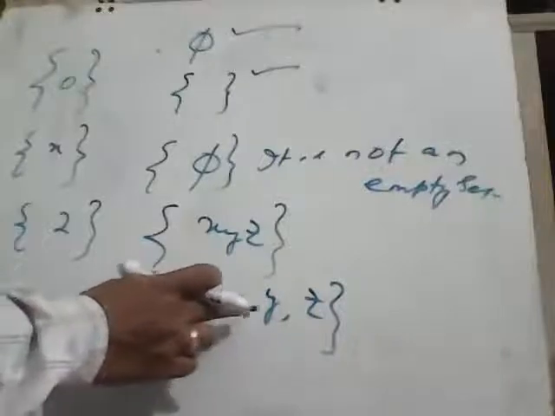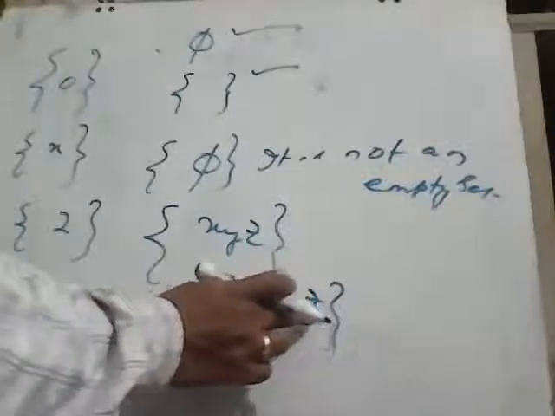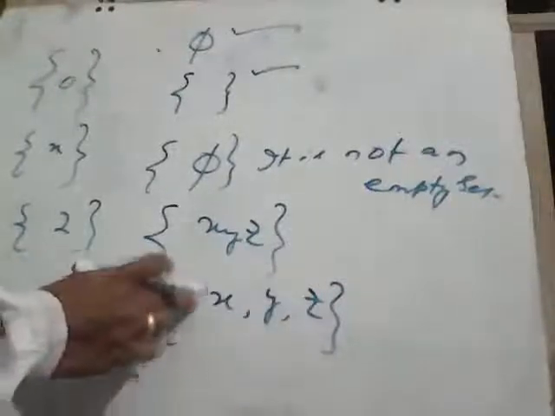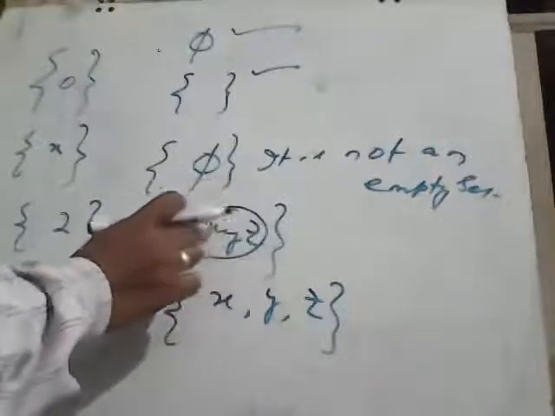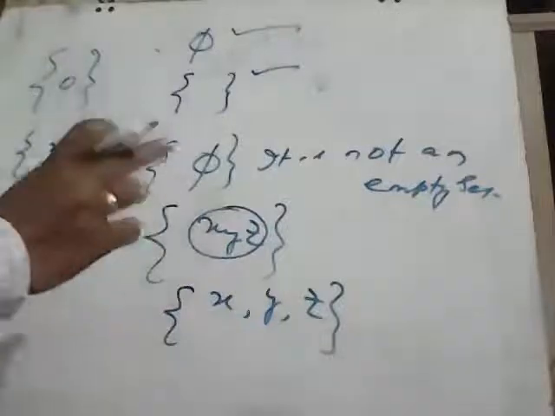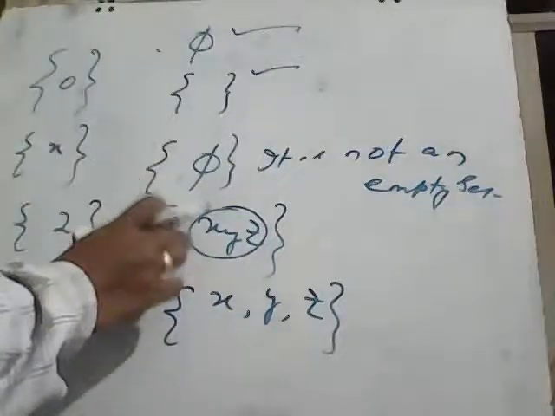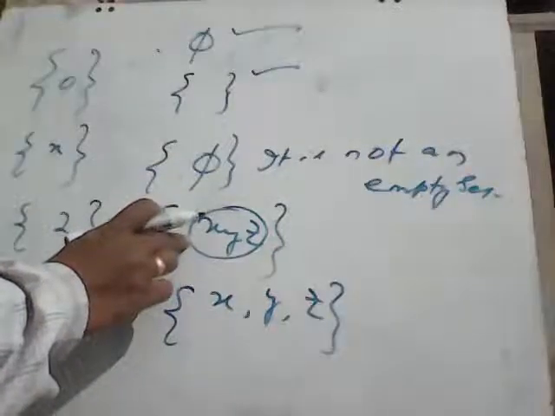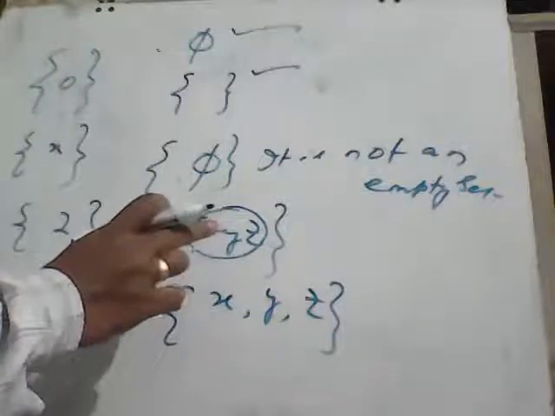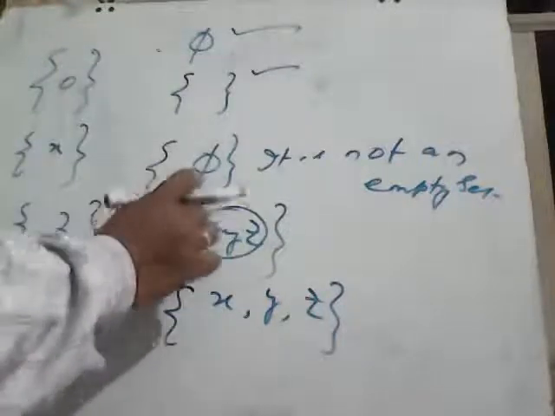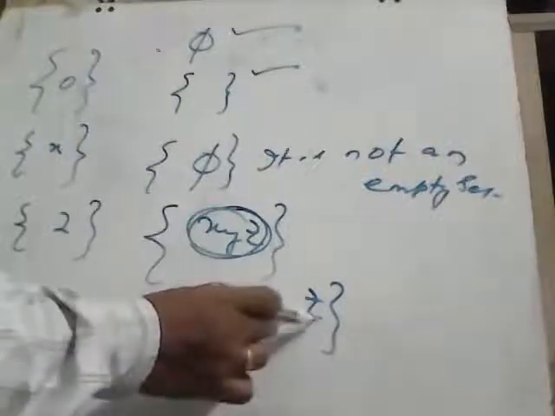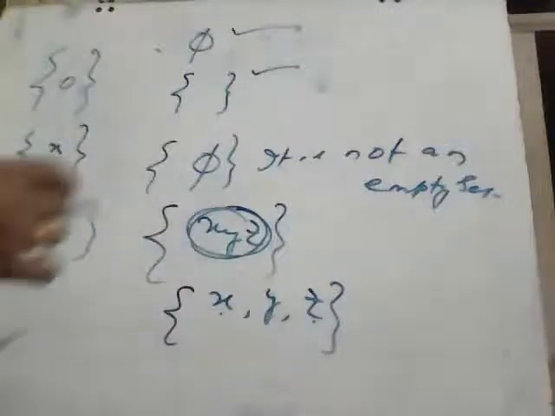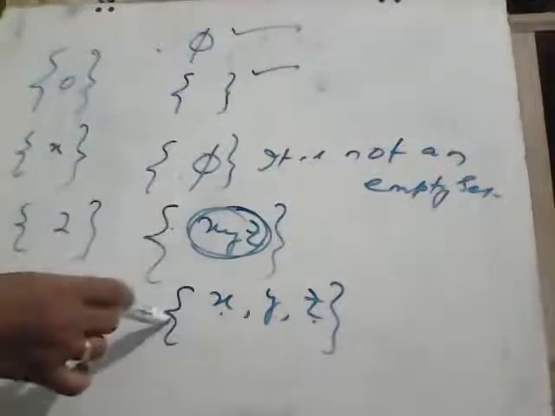X is an element, y is an element, z is an element. But in the set {x, y, z}, x is not an element, y is not an element. XYZ, the whole, is an element. But here X is an element, Y is an element, Z is an element. This is the difference. This is a singleton set, but this is not a singleton set.